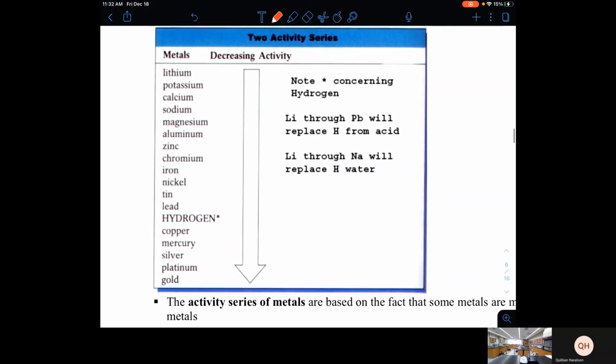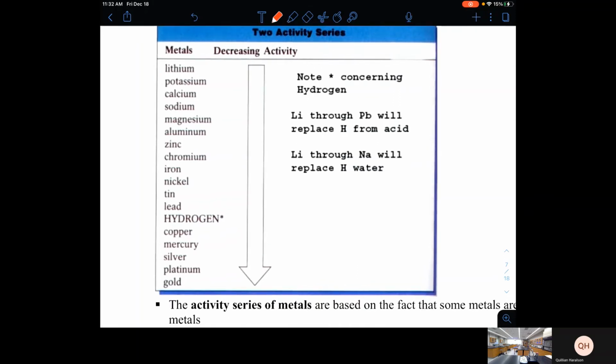And what you'll notice is at the top of the table, you'll see lithium. Lithium is going to be the strongest metal in the list. So we'll consider that to be, I'm trying to think of a person who's really strong, Dwayne "the Rock" Johnson. So we'll say the Rock Johnson will be lithium. And then down here, we've got gold, and gold is going to be that weak element.